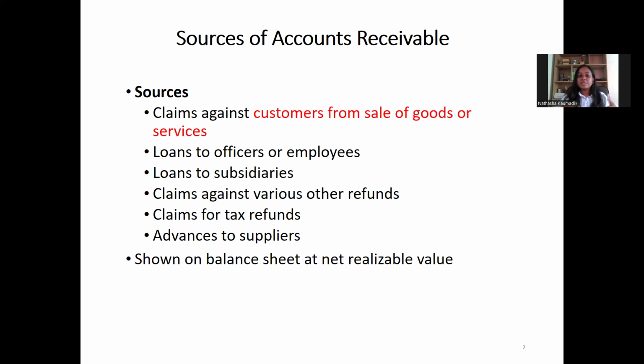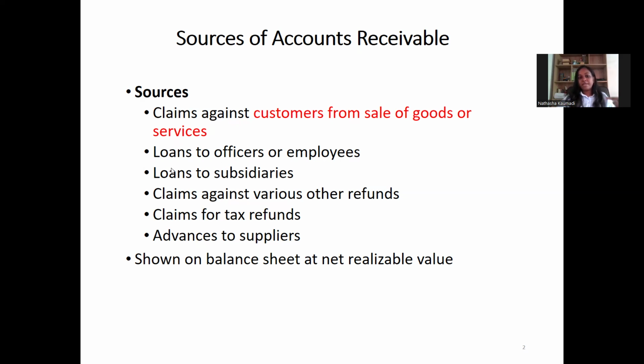Since the business or the company has sold goods or services on a credit basis, now there are debtors, now there are trade receivables. That is the main source coming under accounts receivable. You can write down: trade receivables, because of trading, because of selling things.